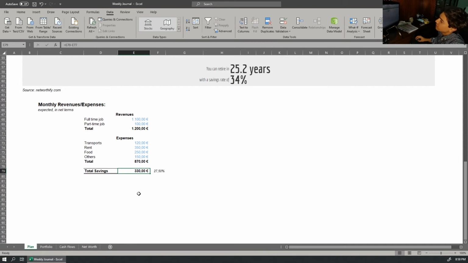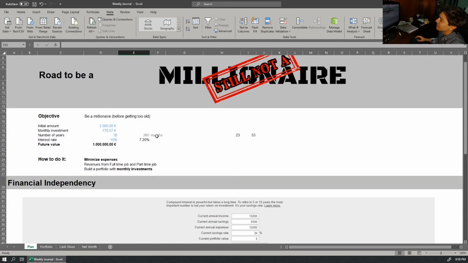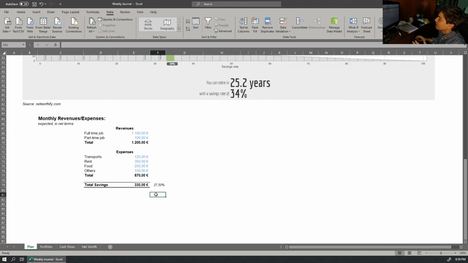With this I've reached a total of 330 euros per month, which, as we've already seen from my initial calculations, is quite low for our objective, but is a starting point. I still plan to earn more than this in the future, and there are probably some ways that I can cut my expenses even more, but later on.